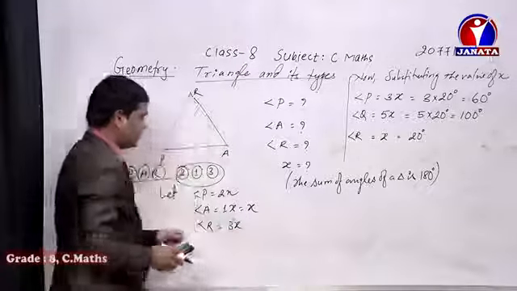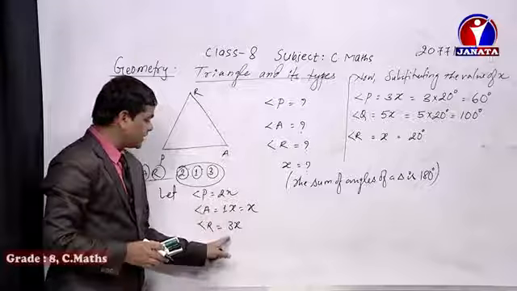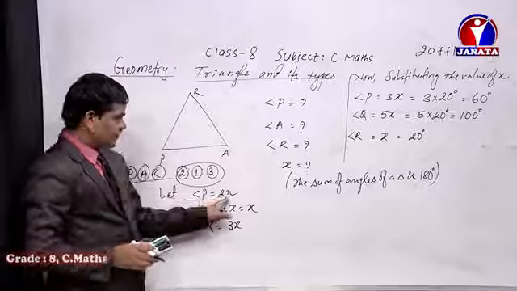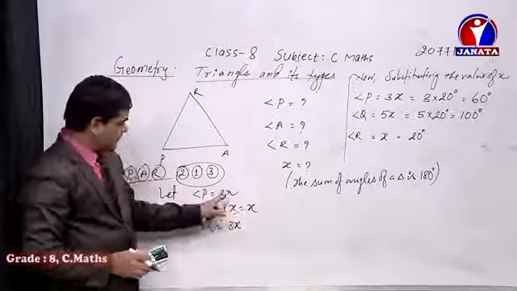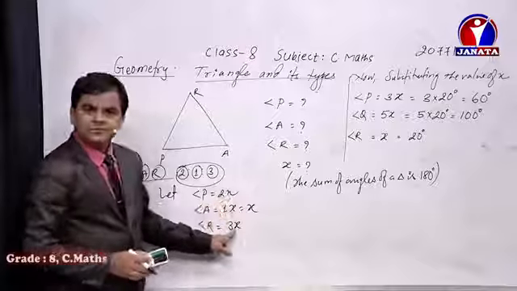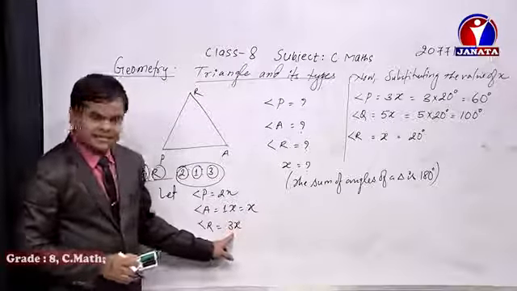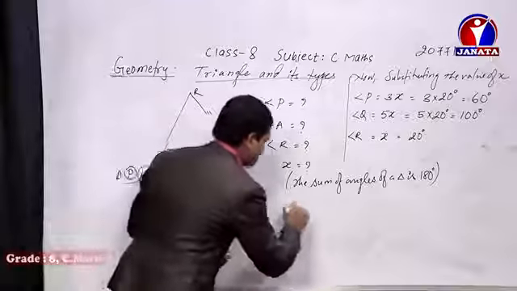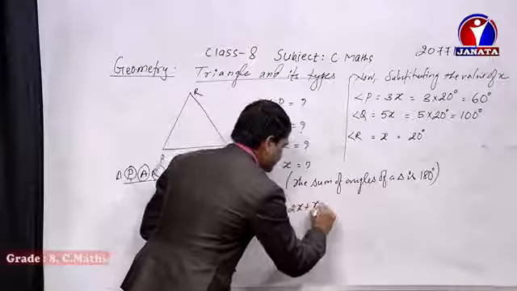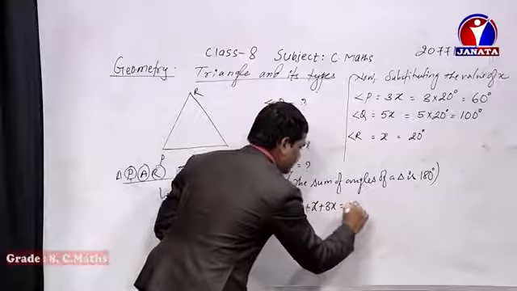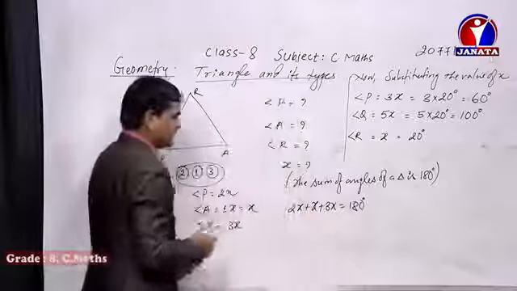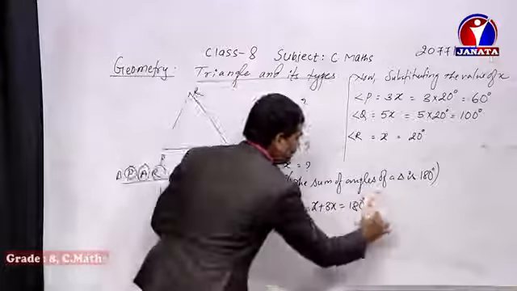Now what you have to do, after converting the ratio into variables using x, is add those three. 2x plus 1x is 3x, 3x plus 3x is 6x. So altogether 2x plus x plus 3x equals 180 degrees, isn't it? Now the reason in here, what do you have to write?